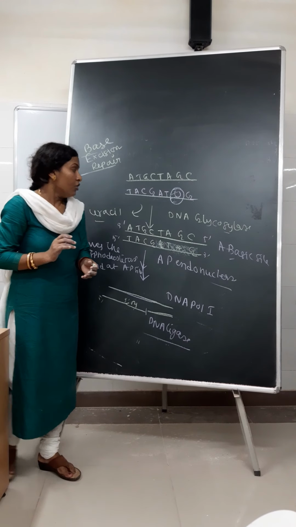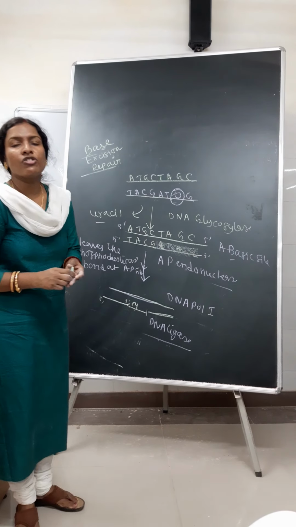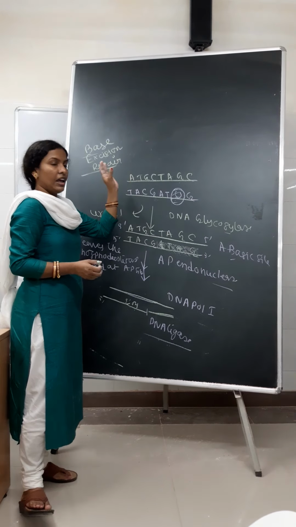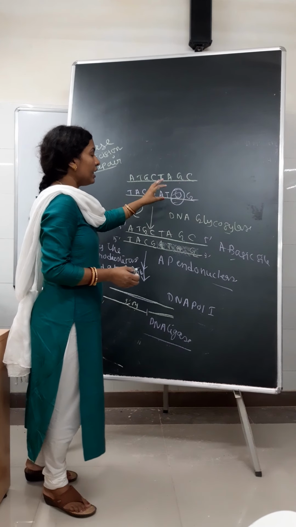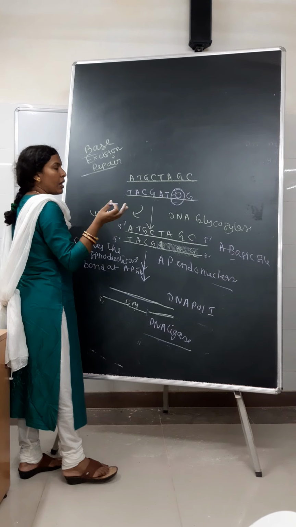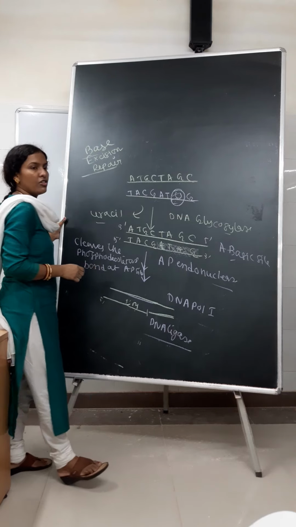Base excision repair. So first the enzyme that comes is DNA glycosylase. What will be the function of DNA glycosylase? DNA glycosylase scans the DNA and finds whether any alteration in the base is happening or not. Here, see, there is spontaneous deamination which has occurred.